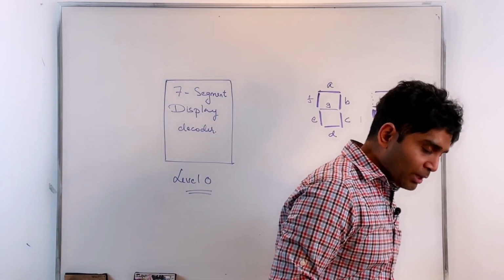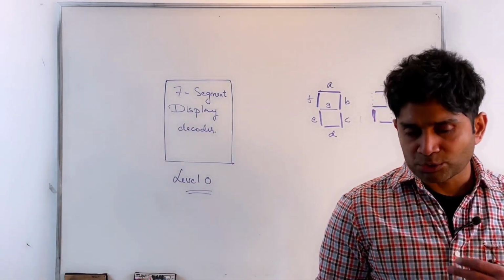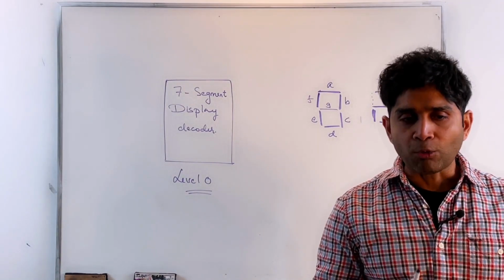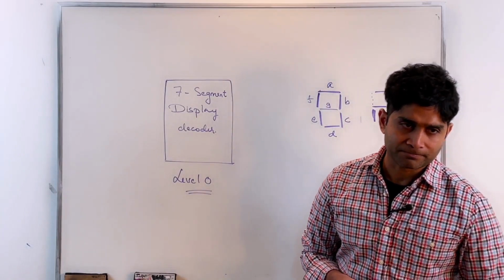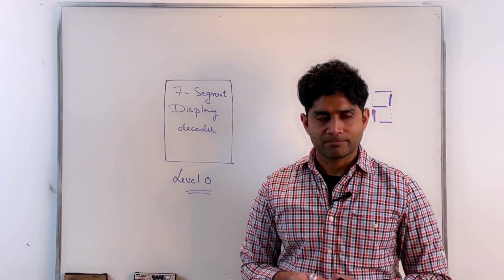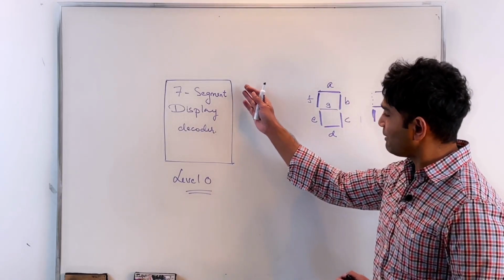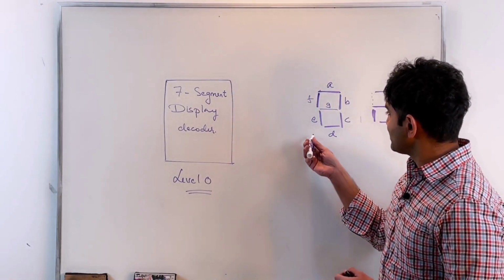Now let me ask you, what are the inputs to this? How many inputs do I have going into the system, and how many outputs do I have coming out of the system? The outputs obviously have to be interfaced with these LEDs, right?